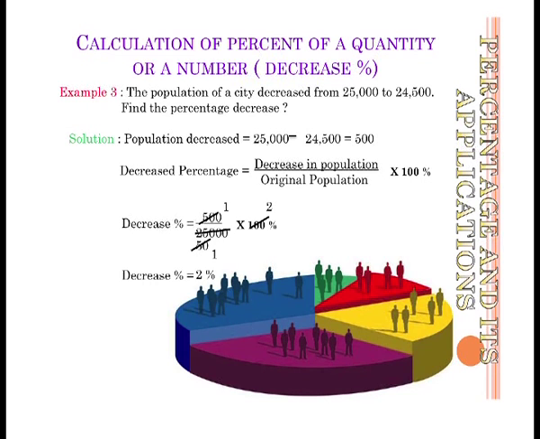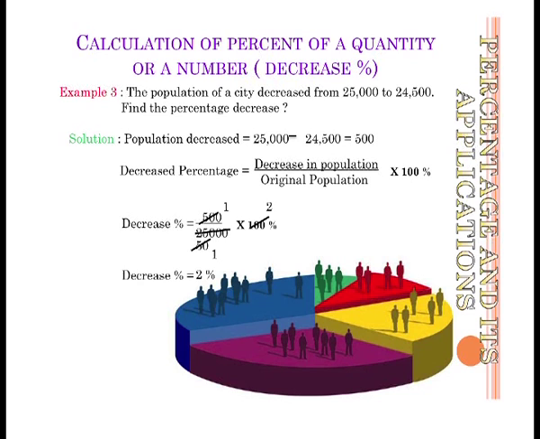When talking about decrease percent, the formula is decrease in quantity upon original quantity multiplied with 100. A similar example is based on decrease percent. The population of a city decreased from 25,000 to 24,500. Find the percent decrease.